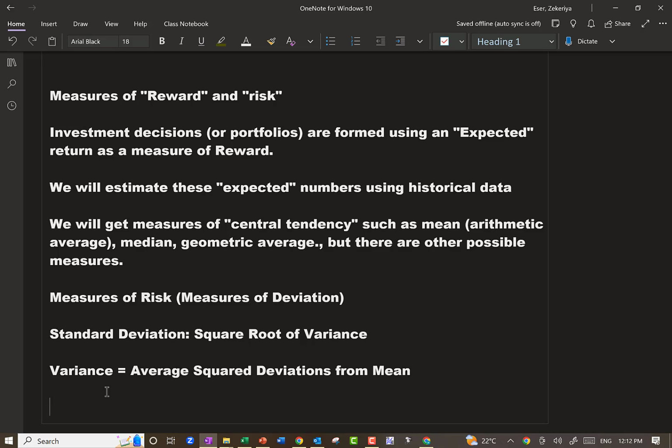And the other one that we're going to calculate, instead of calculating squares of the deviations, calculating the average, then taking the square root, we can actually calculate the absolute value and average those. That one is called mean absolute deviation, also known as MAD.